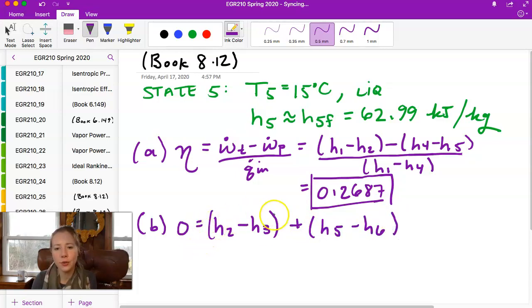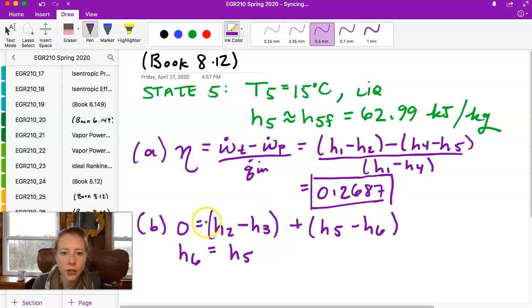So H2 minus H3 is going to be equal to H6 minus H5. And so then we can go ahead and solve for H6.